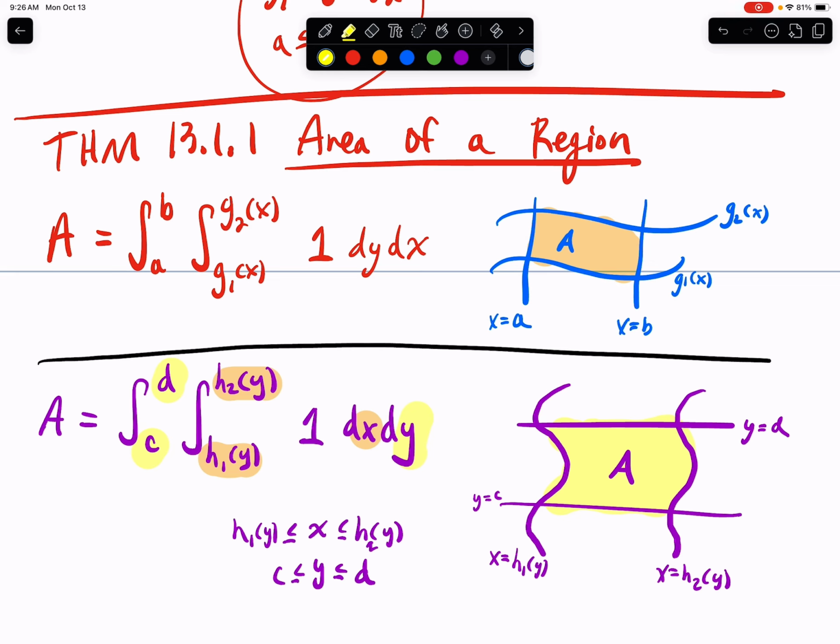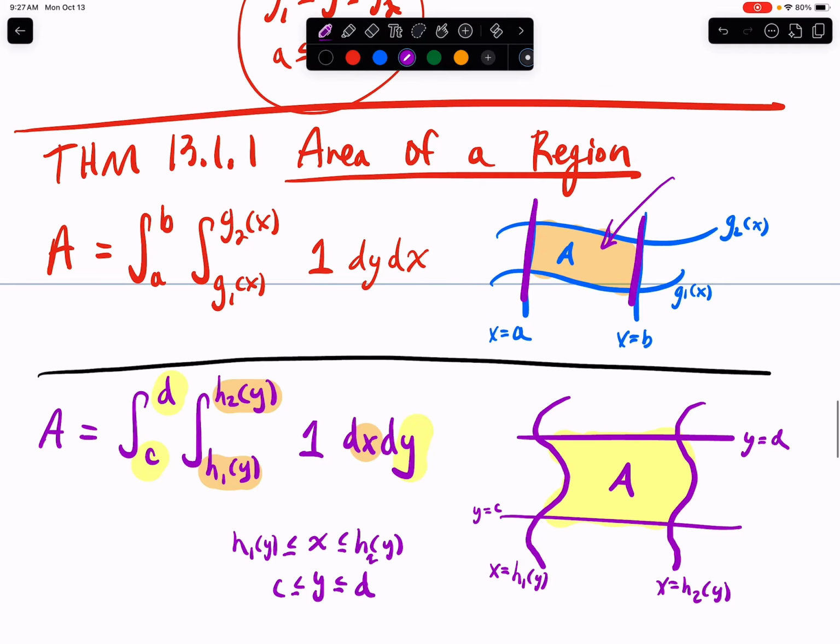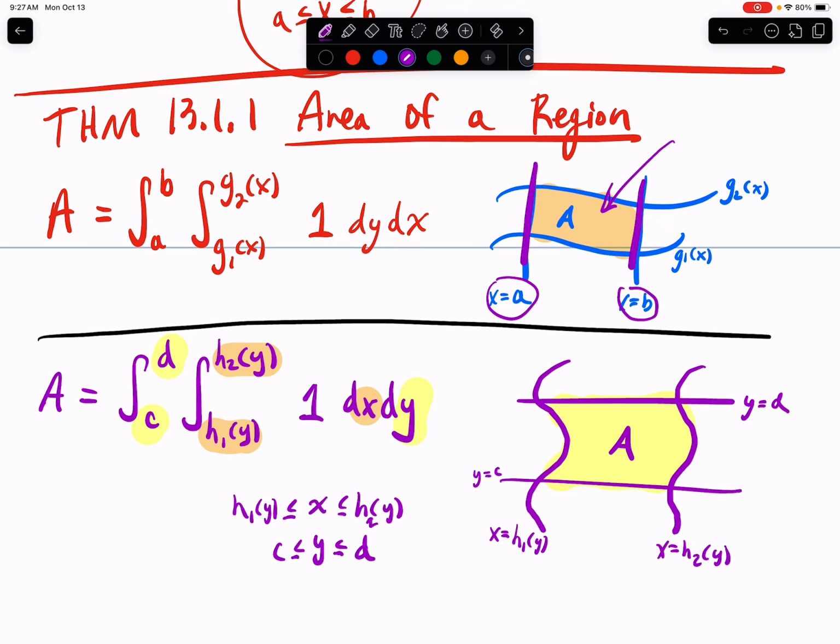I don't know if you remember when we were in Calc 2, but we would say this top one here would be x easy because we have these constants. We go from curve to curve, point to point. The point to point would be in terms of x, so that's x easy. And then here we would say that this is y easy because it took one integral to calculate that area of that 2D region.